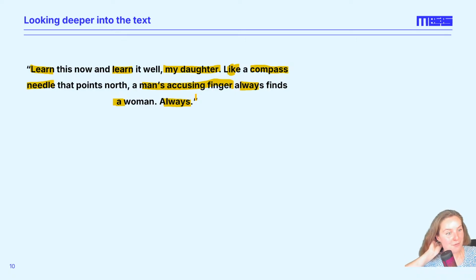And the fact that Hosseini takes that time and space to interrupt long flowing sentences with that one-word sentence, always, really does make this word ring with us as something that is non-negotiable, that is fact, as I think Iris it was who said as well.